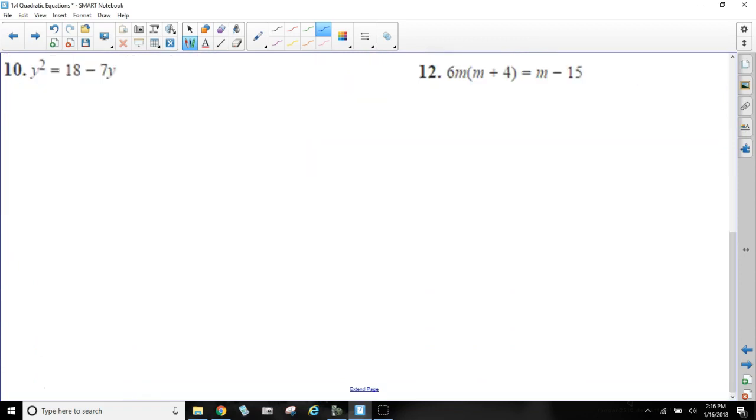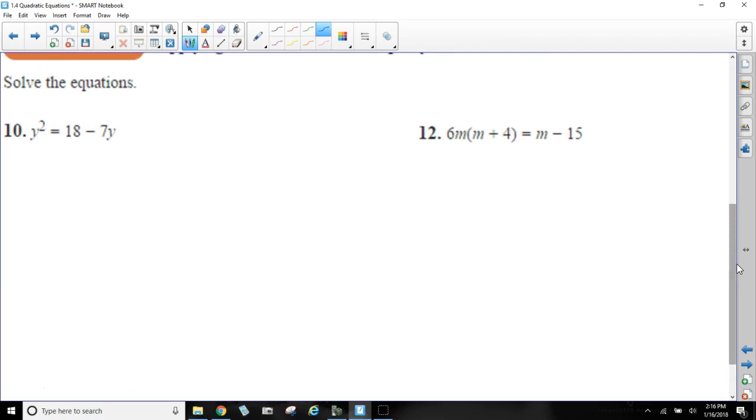This first example says to solve the equation y squared equals 18 minus 7y. When solving a quadratic equation, our first step is to always get everything on one side equals 0. I want to leave my quadratic term, the y squared term, on the left-hand side because it is a positive 1y squared, and I'd like to leave that alone.